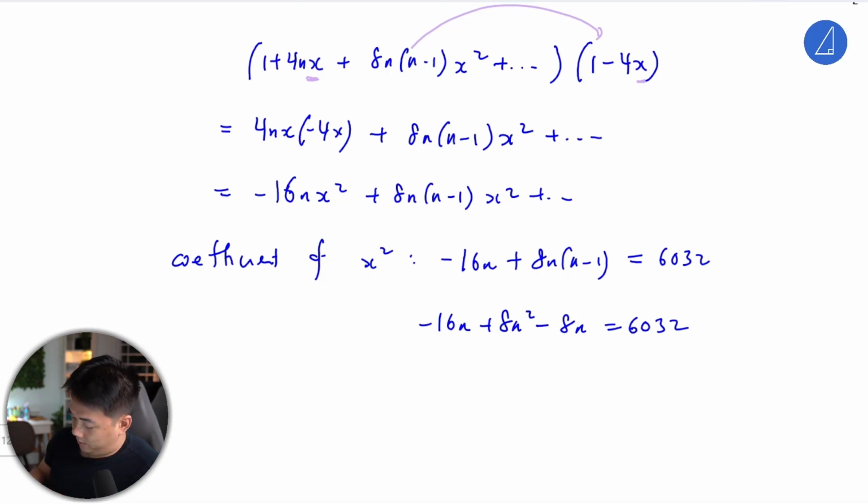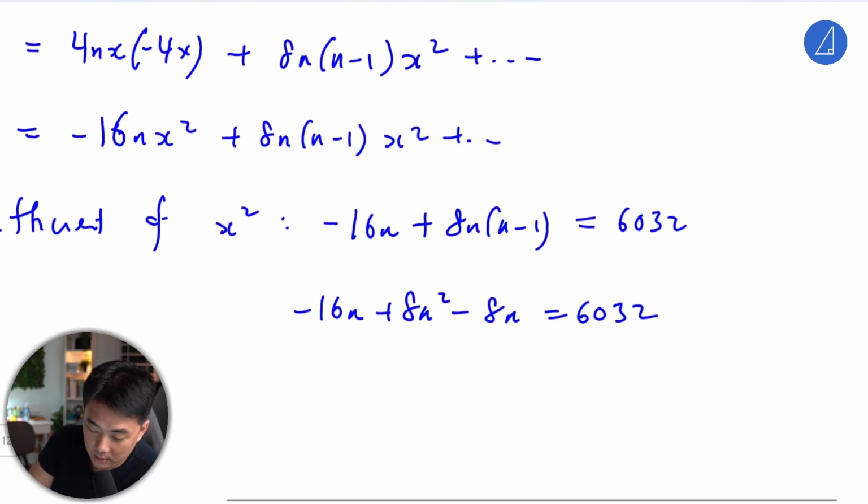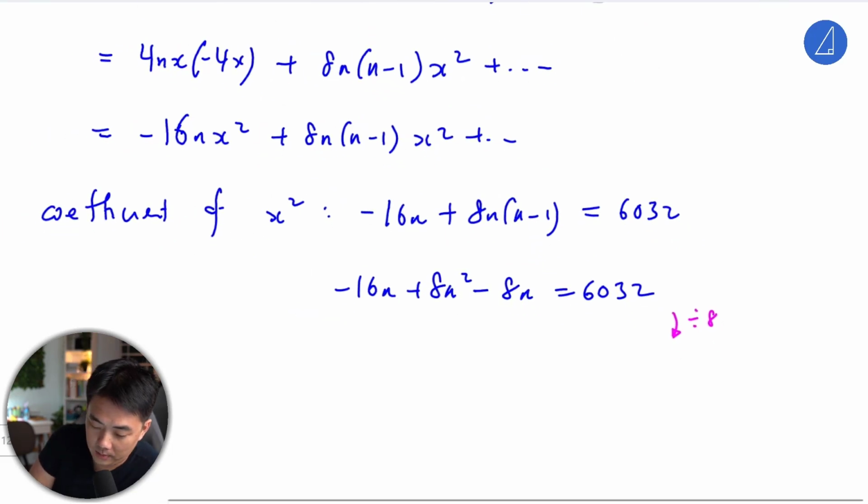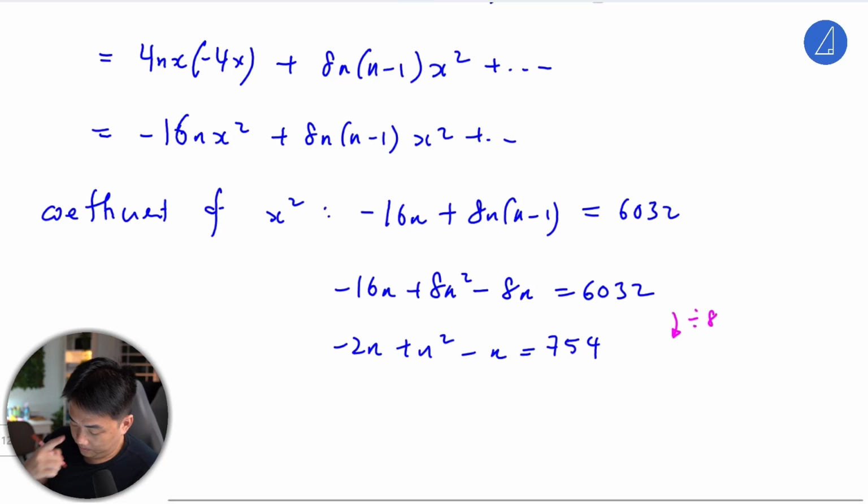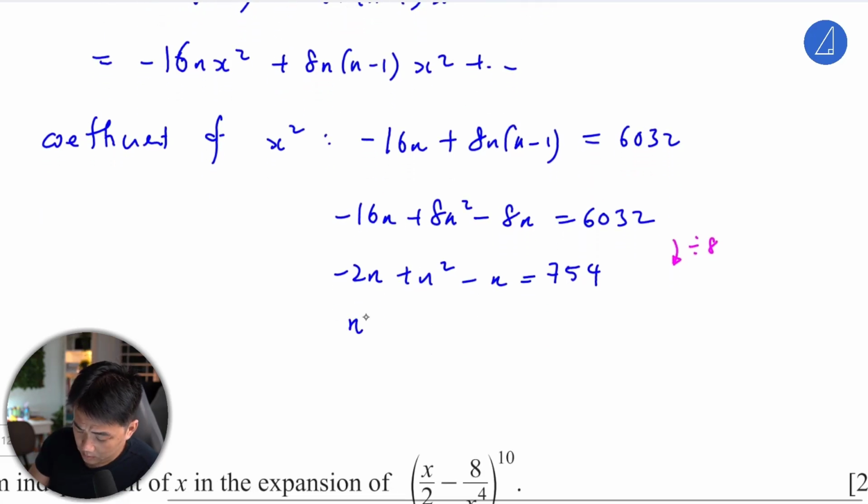So I'm gonna divide everything by 8. 6032 divided by 8 is 754. Okay, great, looks good. That'll be easier. Minus 2n plus n squared minus n equals 754. n squared minus 3n minus 754 equals 0.